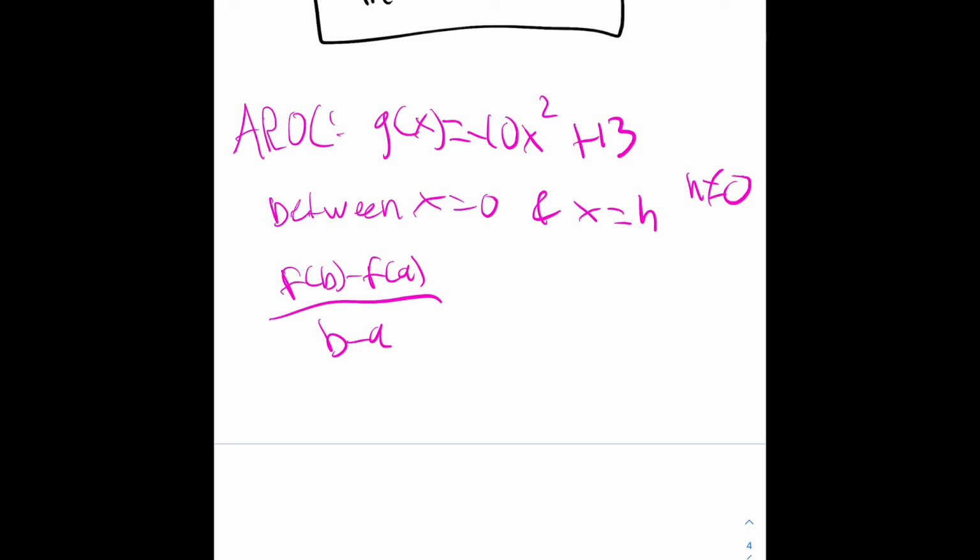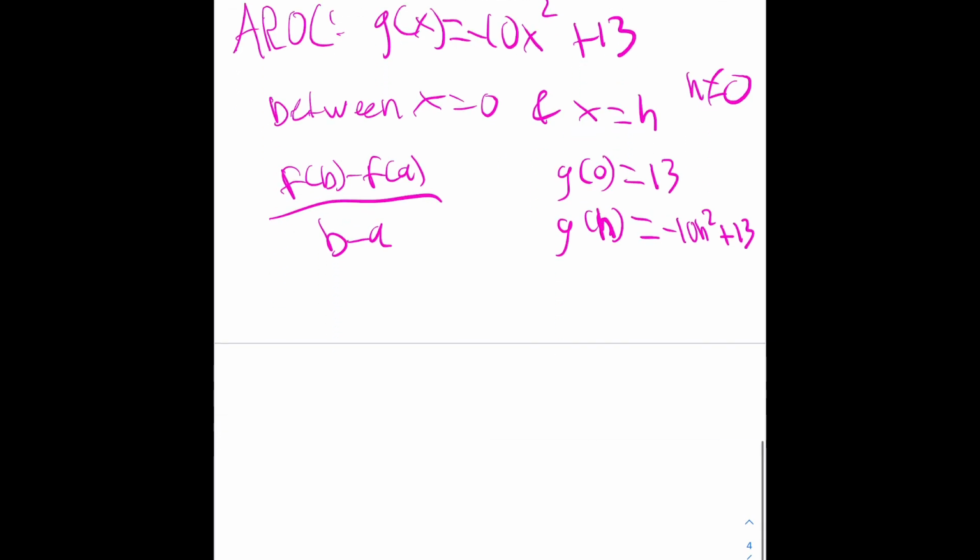What are my a and b? I have 0 and I have h. Technically it should be a g because that's what my function is: g of h, g of 0. So if I plug in 0, negative 10 times 0 squared plus 13 equals 13. And if I plug in h, I get negative 10h squared plus 13.